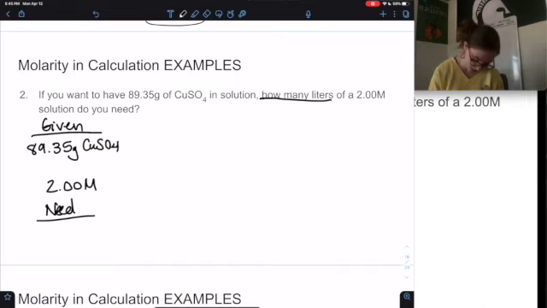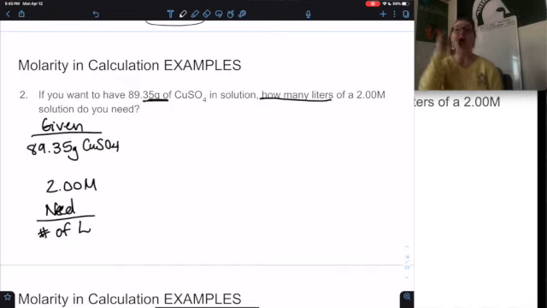So how many liters means we're looking for a number of liters. I hope something's ringing a red flag or a bell for you. I hope you notice that there's something different about my problem here. In this case, I have grams, but remember, I always have to have moles.